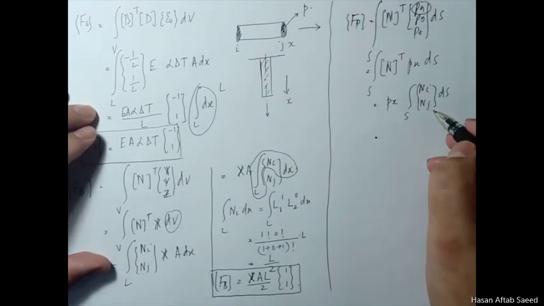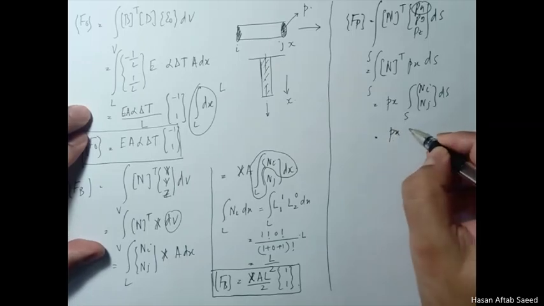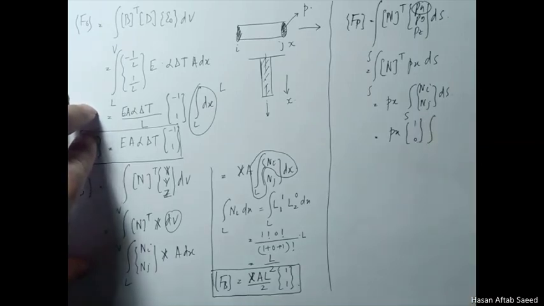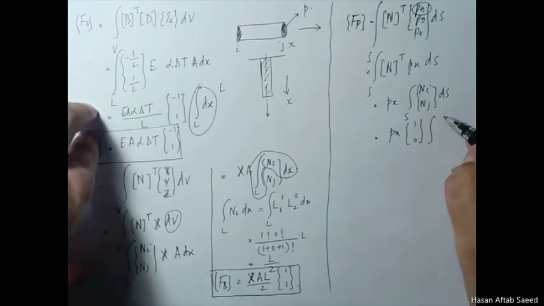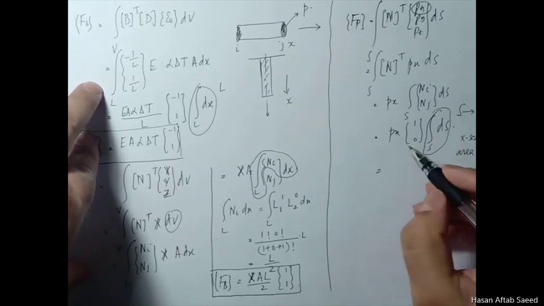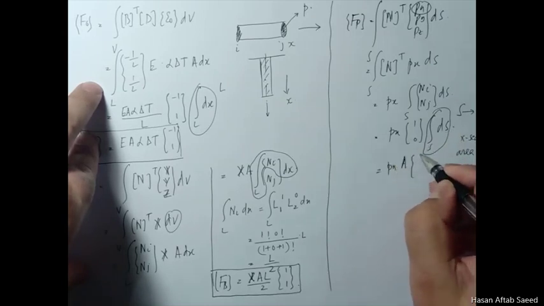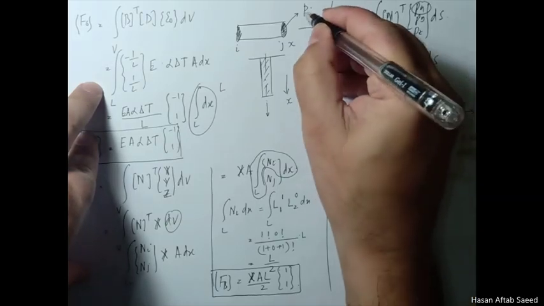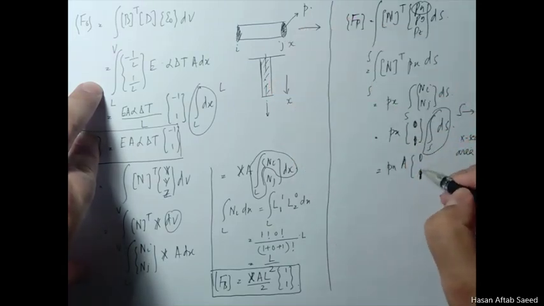So it simply becomes Px, 1, 0, which is basically S, and S in this case is, let's say, this cross-sectional area, which means that this should be 0, this should be 1, because we said it is acting on the J node.